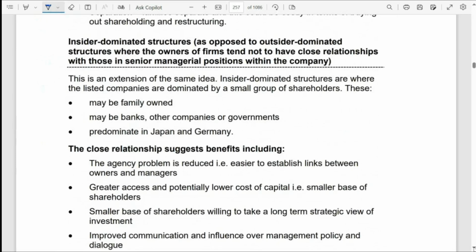Okay, students, the insider-dominated structure. Close relationships suggest benefits, including reducing the agency problem, making it easier to establish links between owners and managers, and greater access to potentially lower cost of capital.